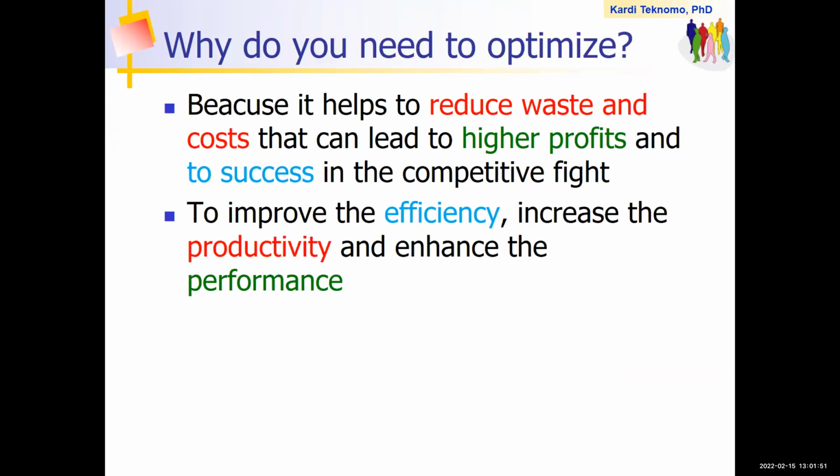Some classification of the optimization model, and then the software. So the first question is, why do we need to optimize? One reason is to reduce waste and cost, which can lead to higher profit and success. Nowadays businesses are highly competitive, so we need to improve efficiency, increase productivity, and enhance performance.